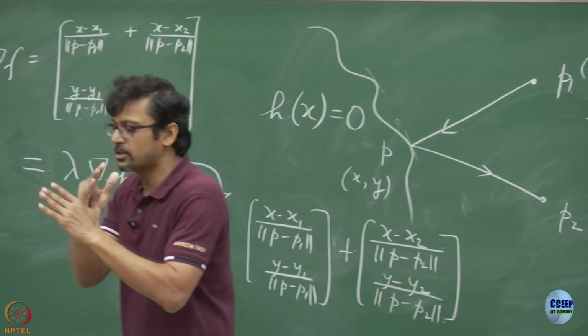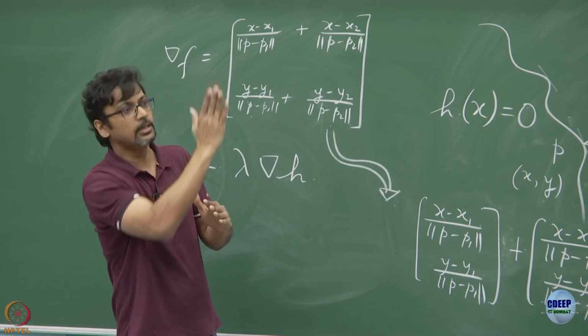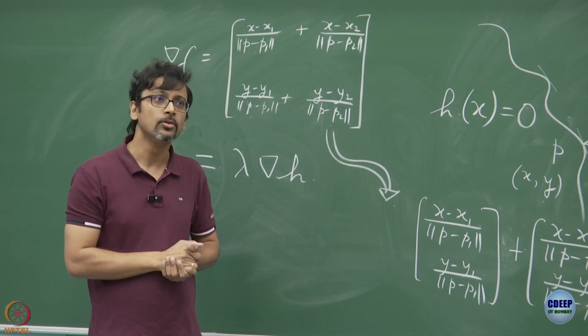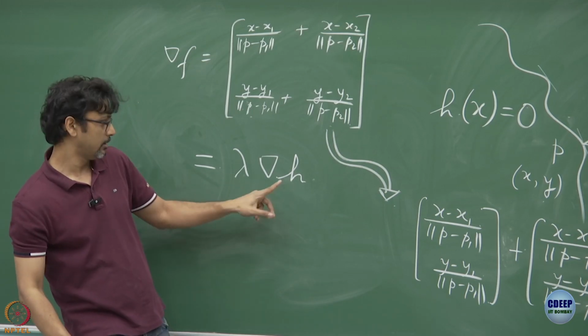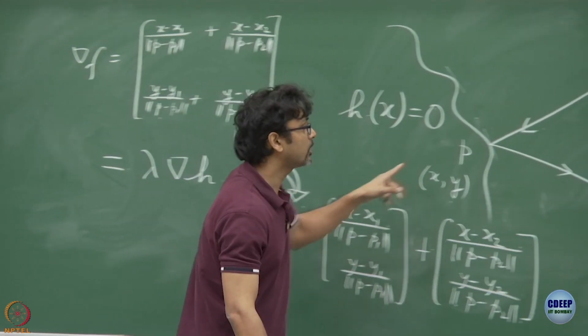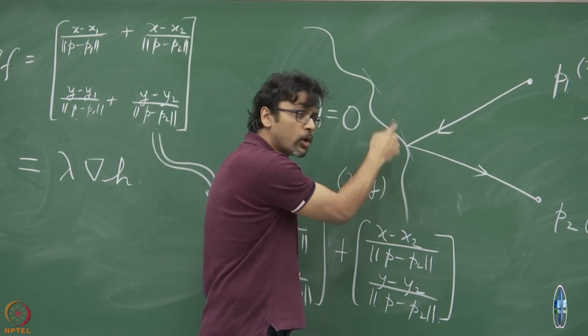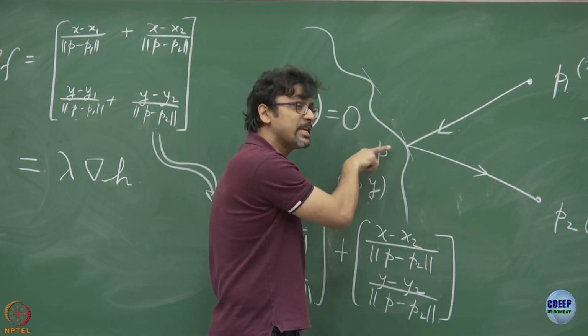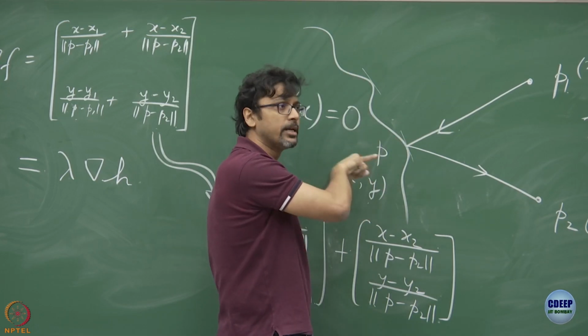If you take two vectors of equal magnitude, then apply the law of parallelogram and the resultant is along the angular bisector of the two. But that direction must specifically be the same as the grad of h. What can you say about the grad of h on the other hand? Grad of h viewed locally is the direction of the gradient of this surface, which is the normal to it.